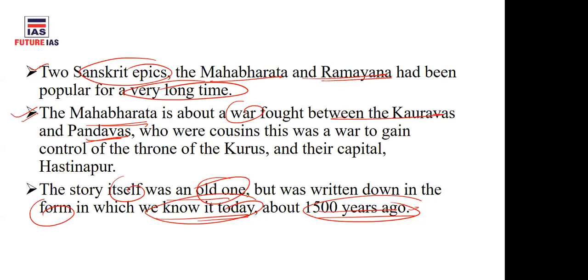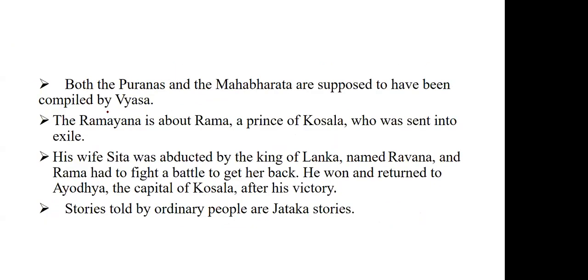That is how we can infer that this could have been the war between the Kauravas and the Pandavas. Both the Puranas and the Mahabharata were supposed to have been compiled by Vyasa. Vyasa was again a poet.